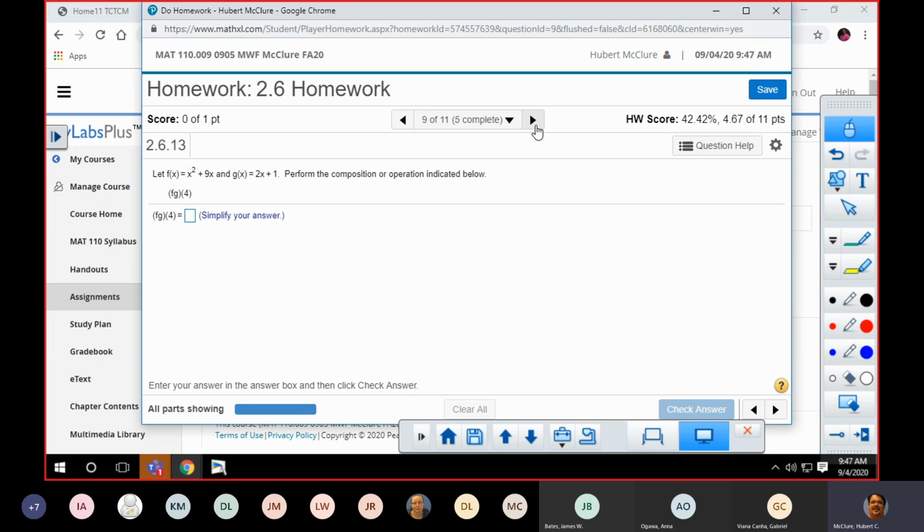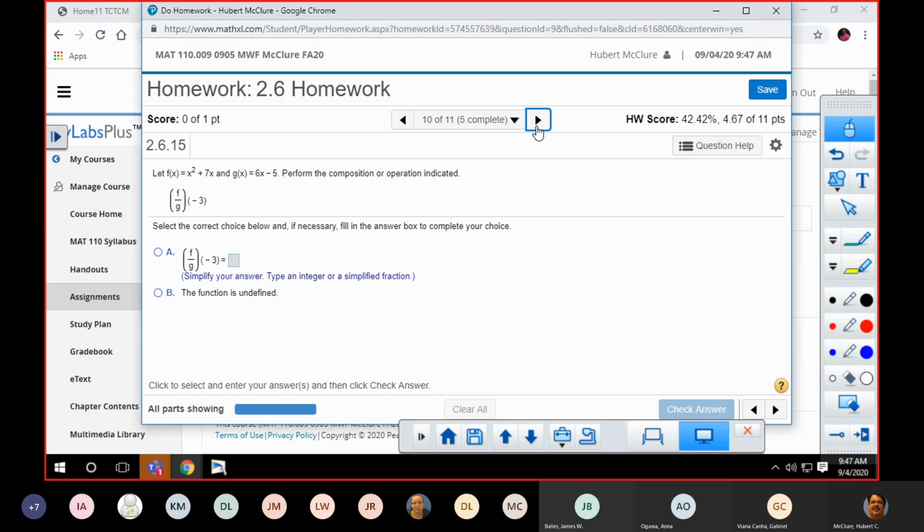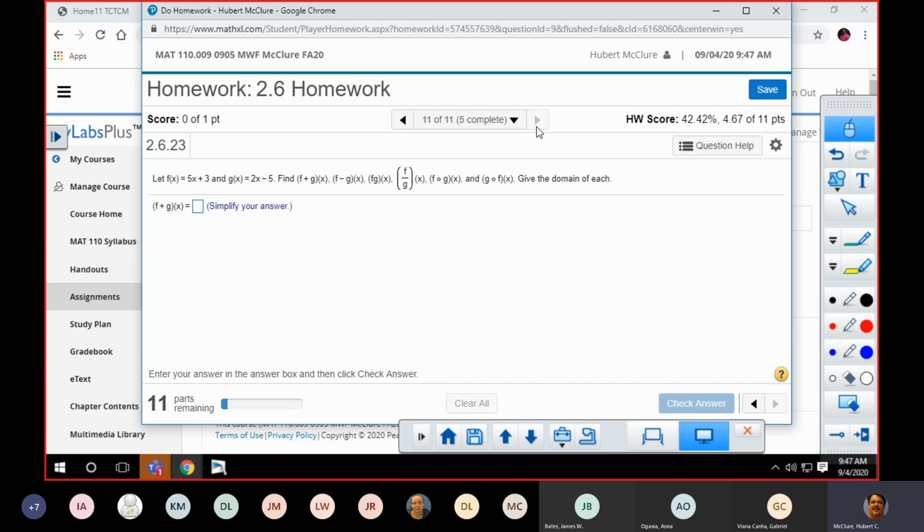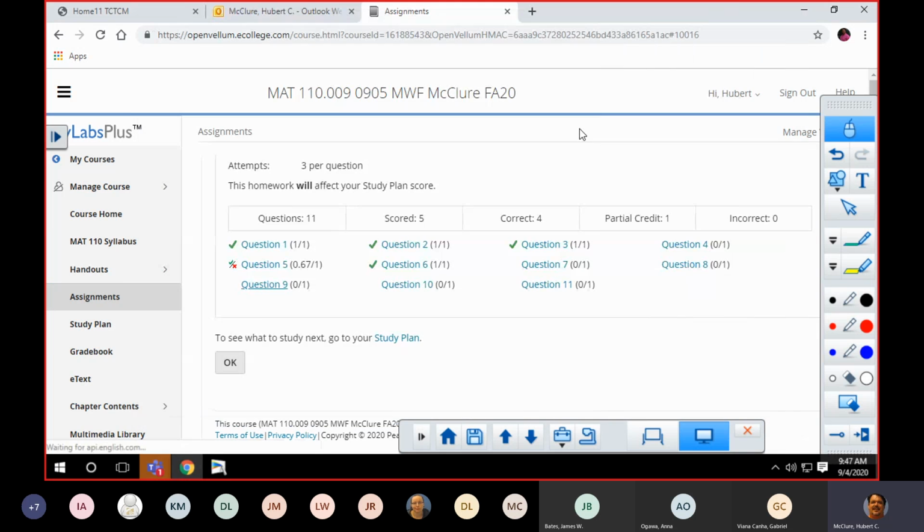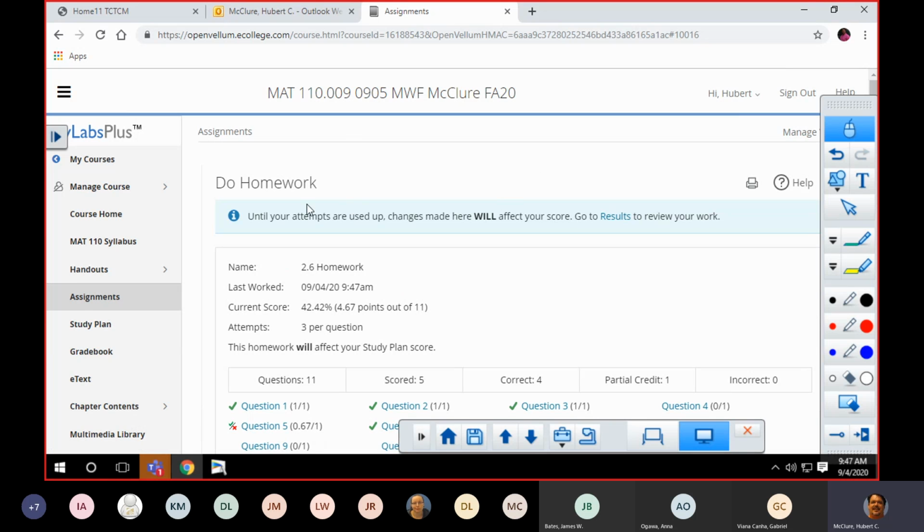Well, that's not it. Come on, they're not going to give you a difference quotient. Really? Wow. Well, I'm going to make up one. Somewhere they're going to give you the difference quotient. I don't know what section it is, but they're going to give you the difference quotient. Let me go to study plan. Let me go to chapter contents.